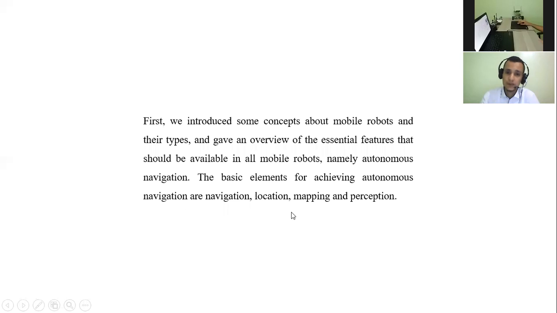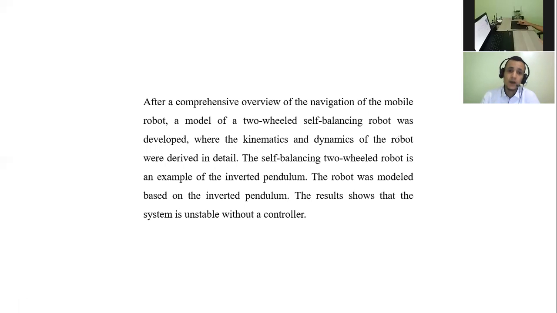First, we introduced some concepts about mobile robots and their types and gave an overview of the essential features that should be available in all mobile robots, namely autonomous navigation. The basic elements for achieving autonomous navigation are navigation, location mapping, and perception.